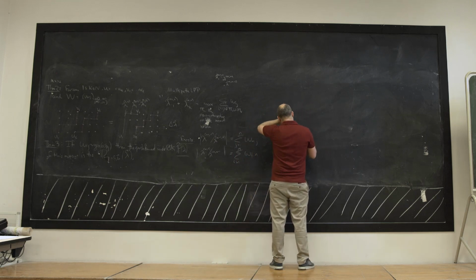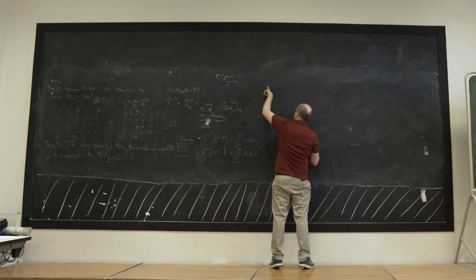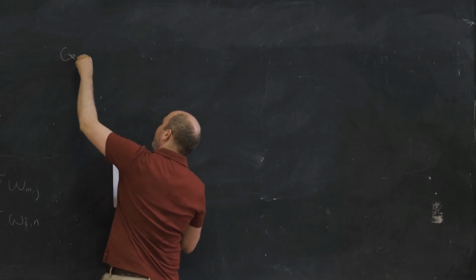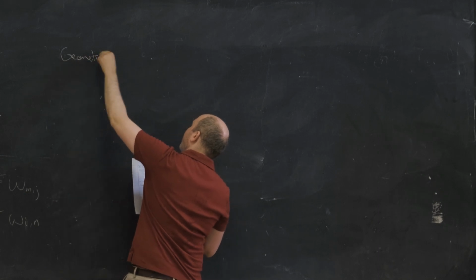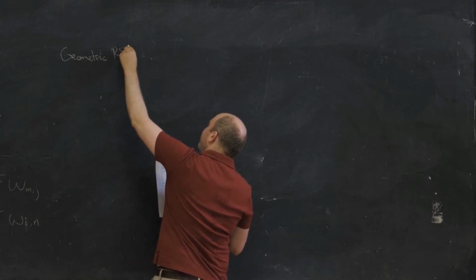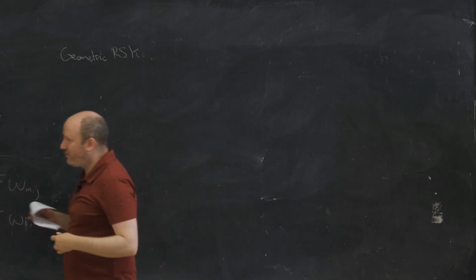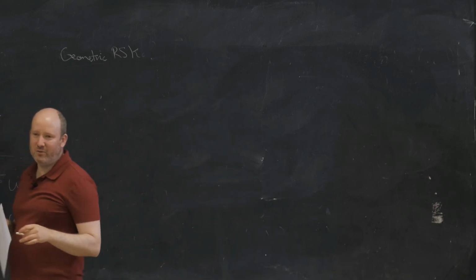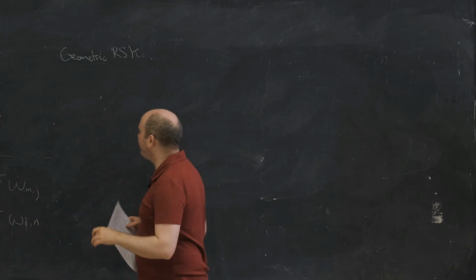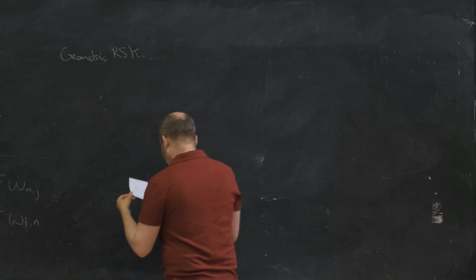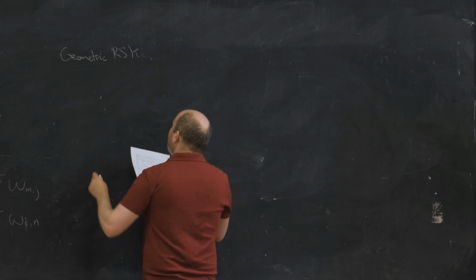Okay, so I want to describe what I'll call the geometric RSK correspondence. Now, the term geometric has absolutely nothing to do with geometric random variables. It has to do with this lifting of max-plus to plus-multiplication. So just forgive the name.